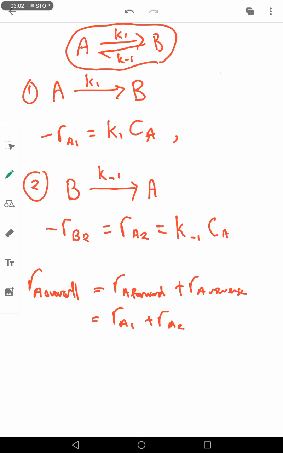So since yang ini kita derive dia negatif RA1, so kalau RA1 without negative, so negatif ni akan pindah ke sebelah kanan, so dia adalah negatif K1 Ca plus K underscore 1 Cb. Sorry, Cb. Kat sini Cb.